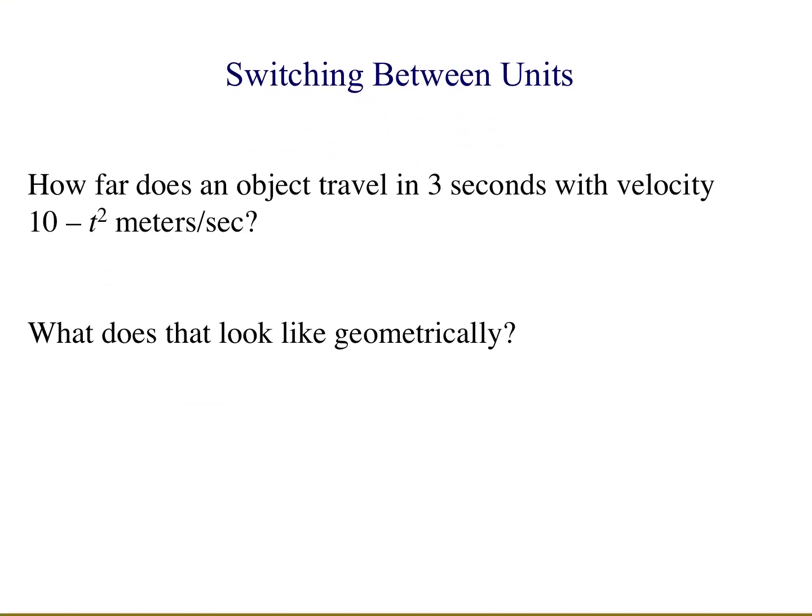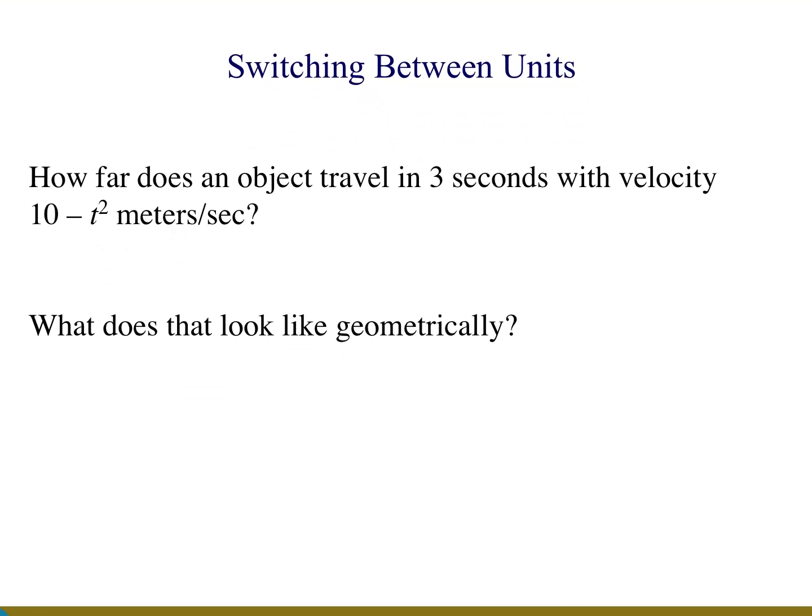Okay, what happens? How far will your object travel in 3 seconds with a velocity of 10 minus t squared meters per second? How will that work out, and how does that look geometrically? Okay, so we've got our same 10 minus t squared meters per second.